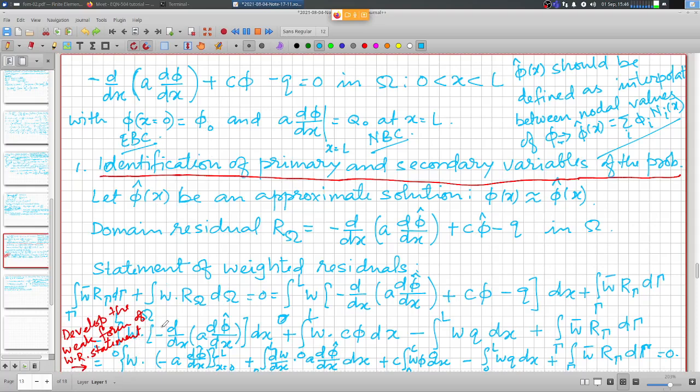In this particular case, it remains phi, with no derivative or any other operator operating on this term in the boundary term. So that becomes the primary variable. Phi is the primary variable, and negative of a times d phi by dx is the secondary variable.